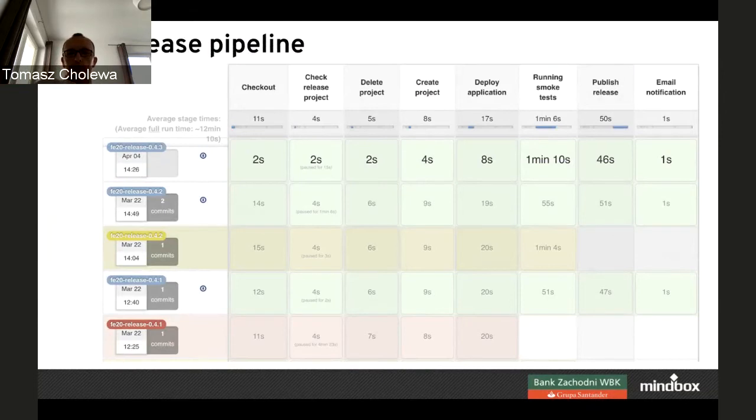At least a couple of months ago, I'm not sure how it looks right now, but we managed to leverage containers to achieve this 10 minutes, and actually we did it in 5. So we managed to shorten the whole process to 5 minutes.